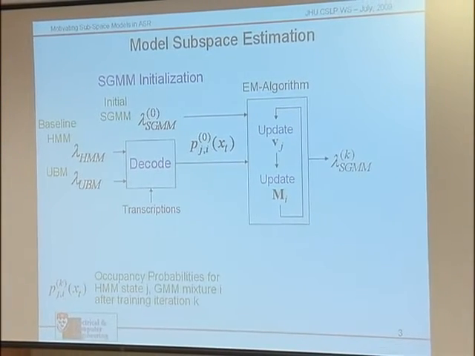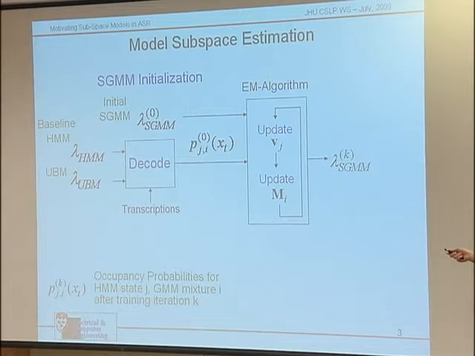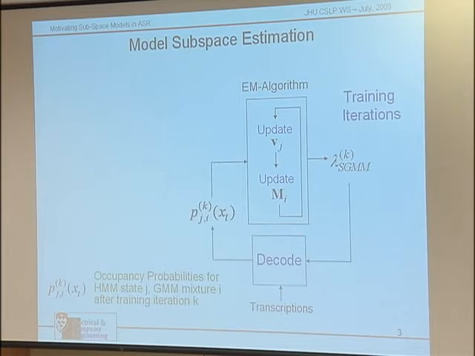Anyway, we initialize with this, we come up with these initial probabilistic alignments, and then we use the EM algorithm to iteratively train the weights and the subspace parameters of the model subspace system, and we iterate on that, use that model to obtain a new set of occupancy probabilities, and so on.